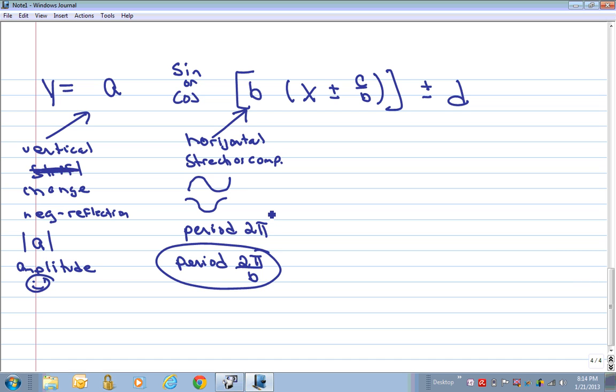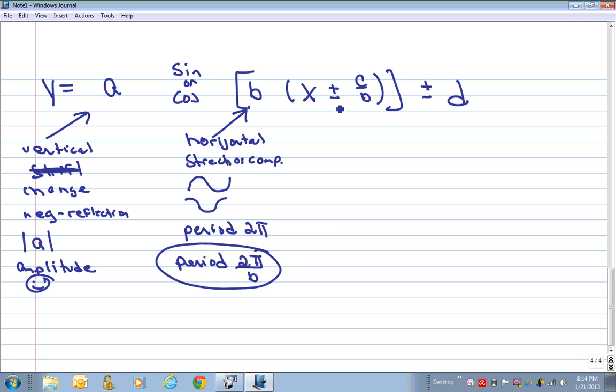This is probably one of the most difficult parts of the graph, when you have a horizontal stretch or compression, and because we're dividing, it means it will happen opposite of what we think. Just like before, anything happening with our x value happens opposite of what we think. Same thing here with our plus or minus. If it's plus c over b, then we're going to go to the left.